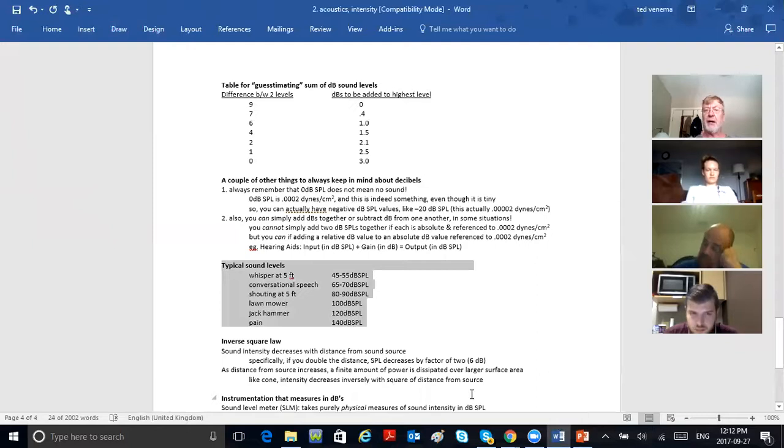A whisper at about 5 feet. What's ambient room noise? 40 dB SPL. Ambient room noise, when I'm shutting up and I'm not saying a word. If I just sit here like this, the ambient room noise in your house is around 35 to 40 dB SPL. You're almost never hearing down to 10.